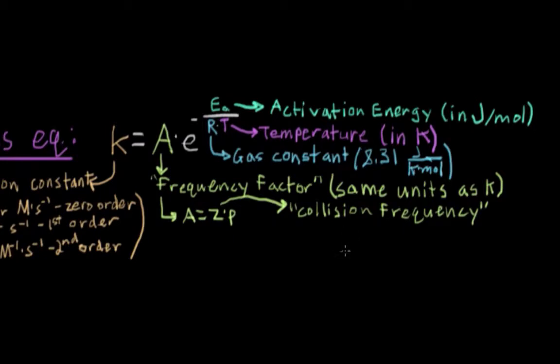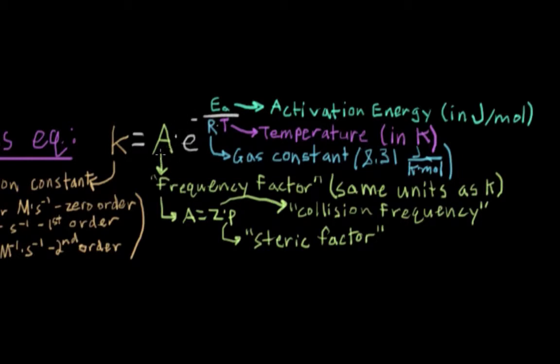And we know that all reactions involve a collision of some sort. And then we have the steric factor P, and what the steric factor tells us is the proportion of collisions with the correct orientation for the reaction to happen successfully. And these both go back to the collision model or collision theory of reaction.